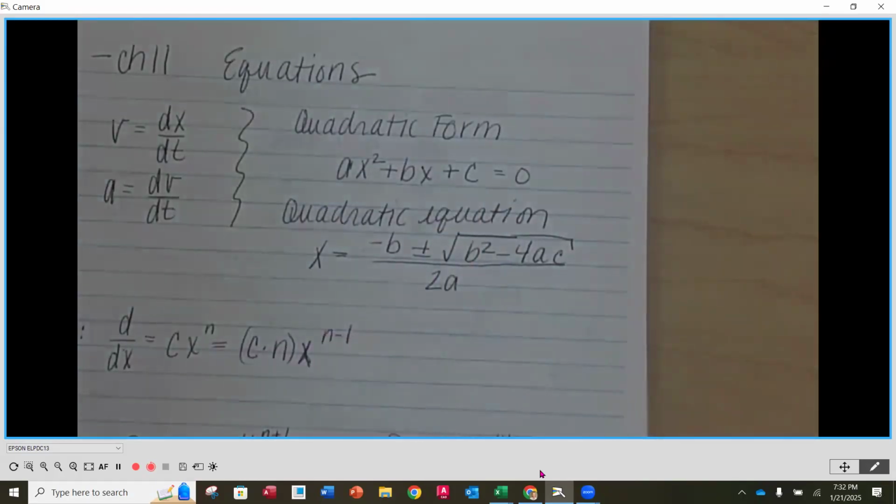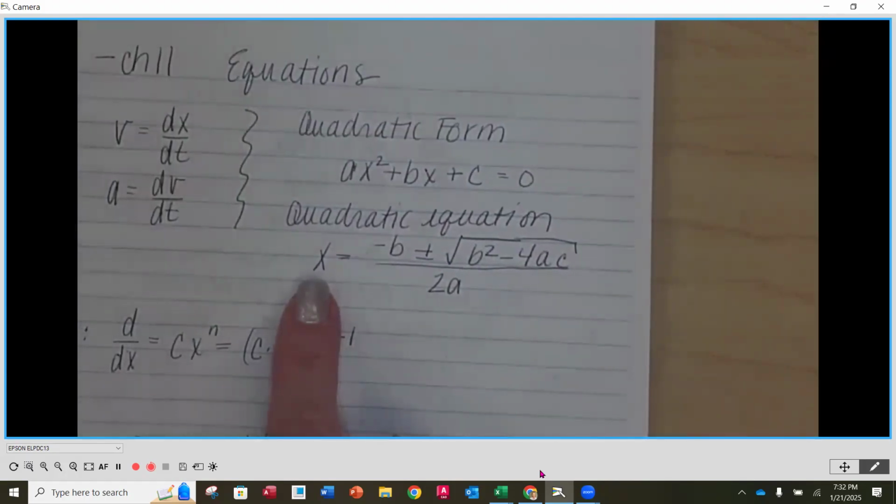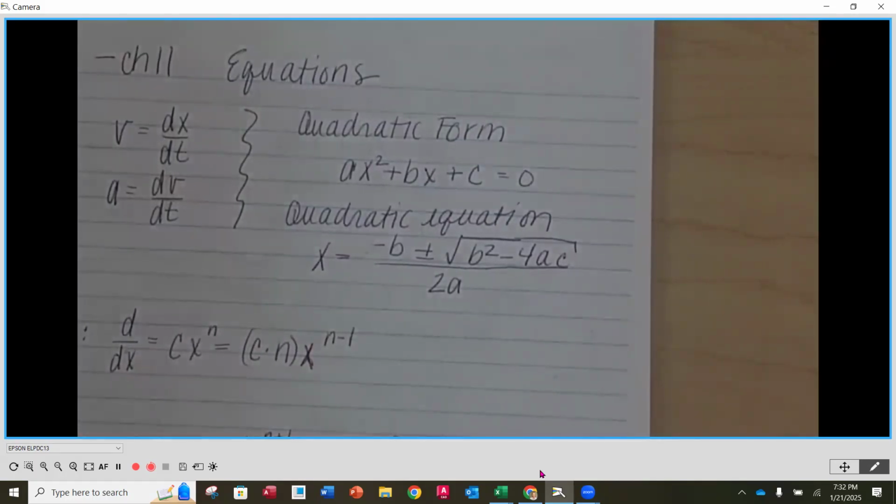And then the actual quadratic equation, to solve for that variable, so in our case, because we're solving for time, but the generic version is x, is going to be the minus b plus or minus the square root of b squared minus 4ac, excuse me, divided by 2a.